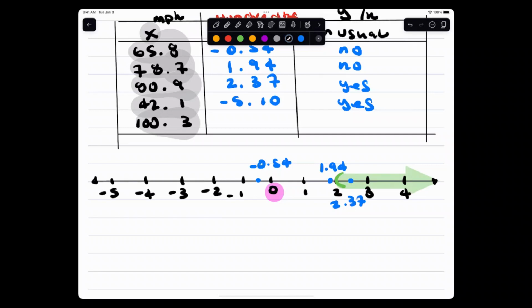In fact, ladies and gentlemen, let's put these in red so they stand out. Negative 5.10. Anything below negative 2 is considered unusual.